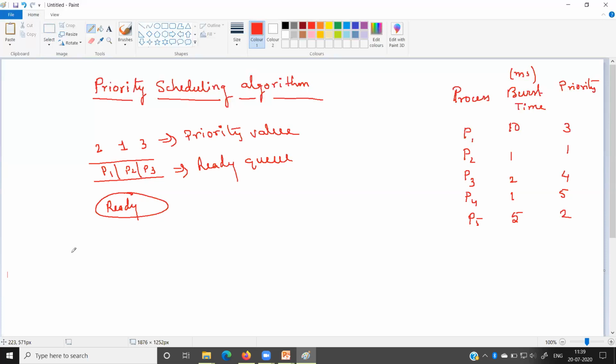Fine. Now different operating systems can use a different priority value. For example, for some operating systems, the lowest priority value is considered as the high priority. So the lowest value has the highest priority.